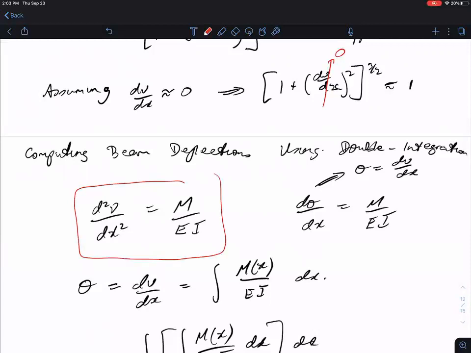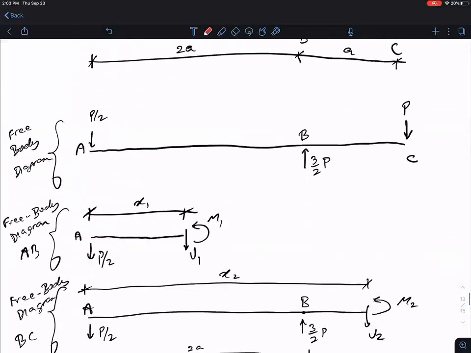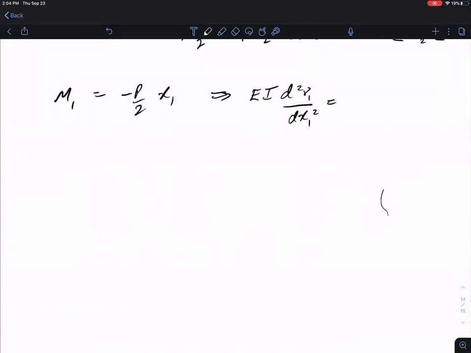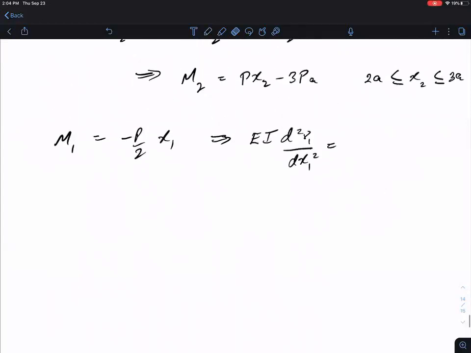we know that we can write M as EI times the curvature. So that's what we're going to do. Right, so we're going to replace M1 with EI times the curvature, which is d2v1/dx1 squared, with respect to x1, and we'll call the associated displacement v1. So that's equal to minus P over 2 x1.